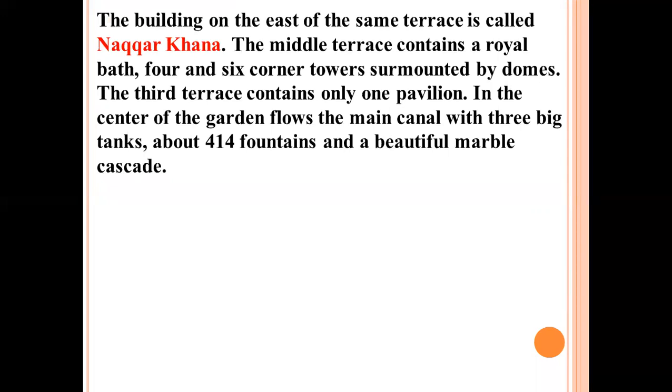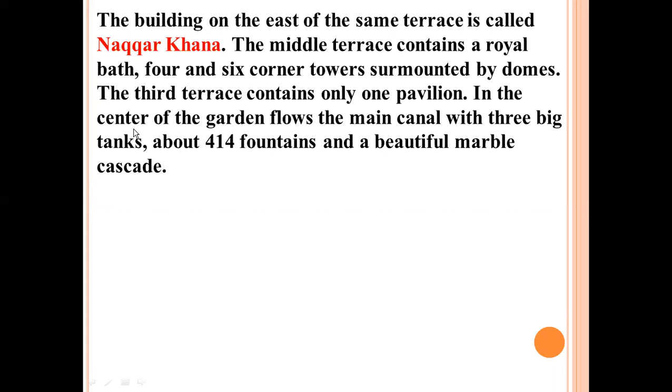The building on the east of the same terrace is called Nakarkhana. The middle terrace contains a royal bath, and four- and six-cornered towers surmounted by domes. The third terrace contains only one pavilion.